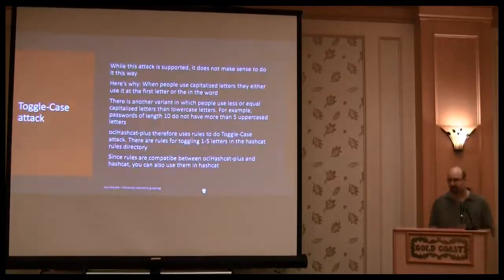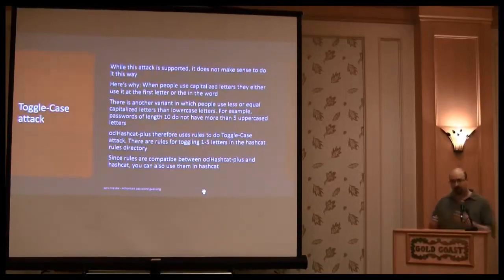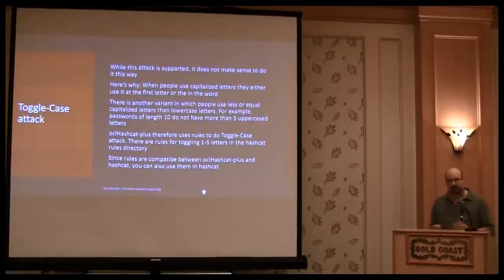to do toggle cases. When you generate a password and you look at it, the number of uppercase letters and lowercase letters is usually not the same, or at least there are fewer uppercase letters than lowercase letters.